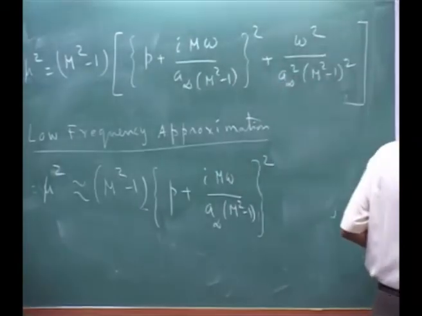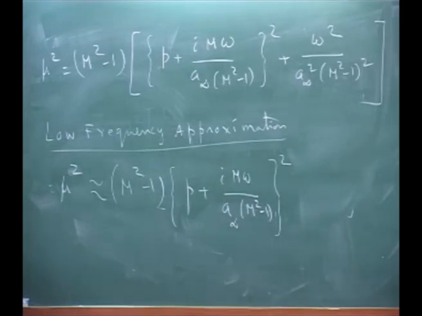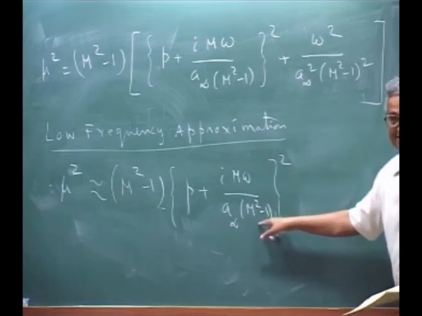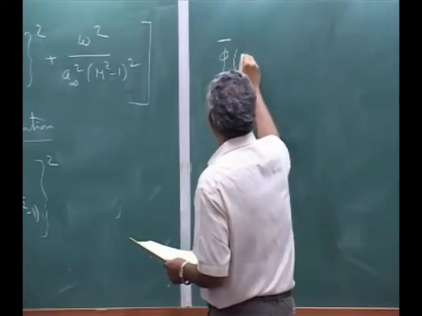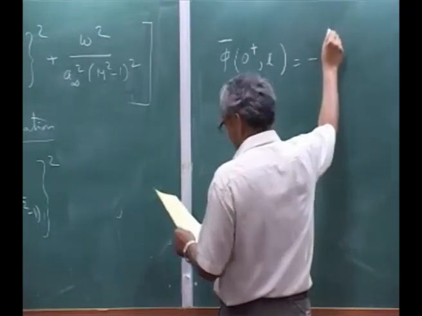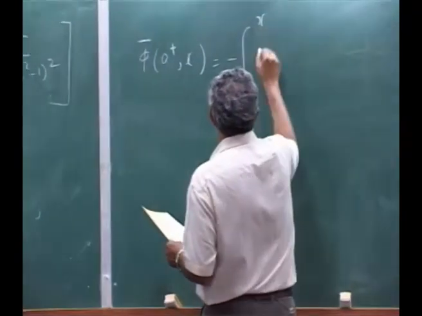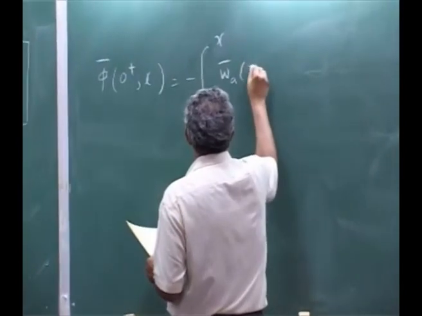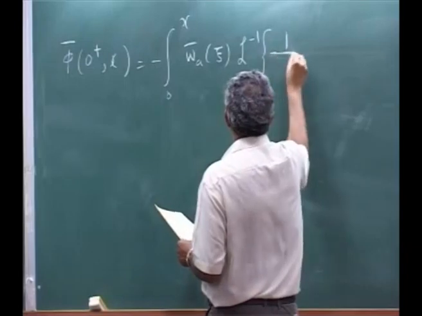Now if I write my Laplace inverse, because I have simplified this mu square, therefore this is minus, as usual this is what we wrote, w bar a Laplace inverse of 1 over mu.